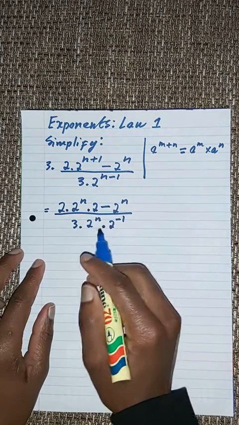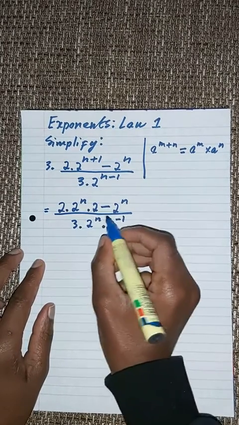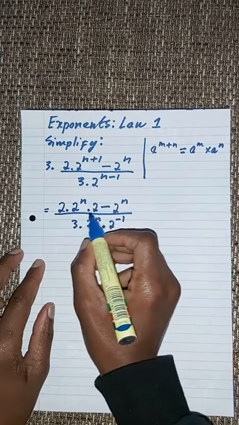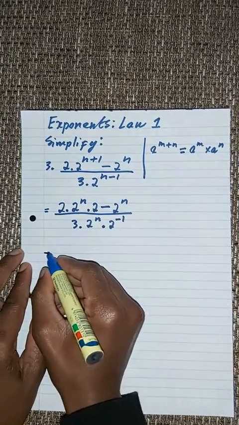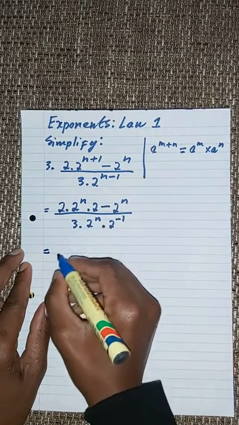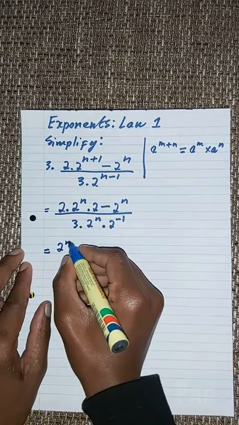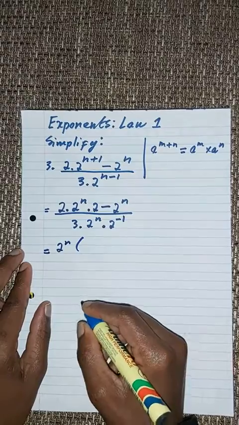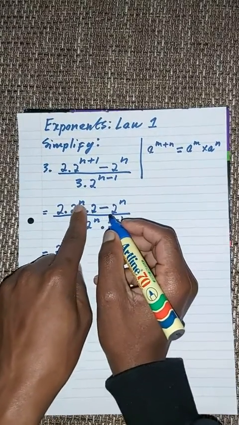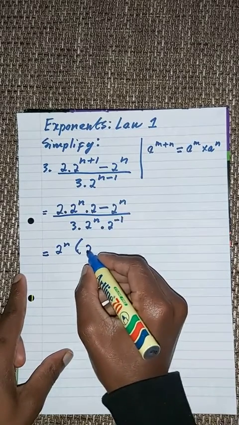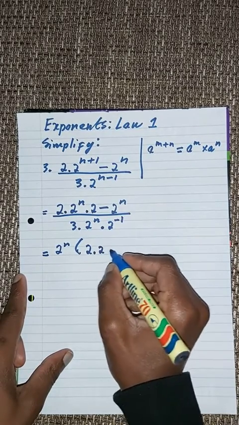And then we are going to now factorize, okay? At the top, we're going to take out our common factor, which happens to be 2 to the power of n. When we take out our common factor of 2 to the power of n, we remain with 2 times 2.